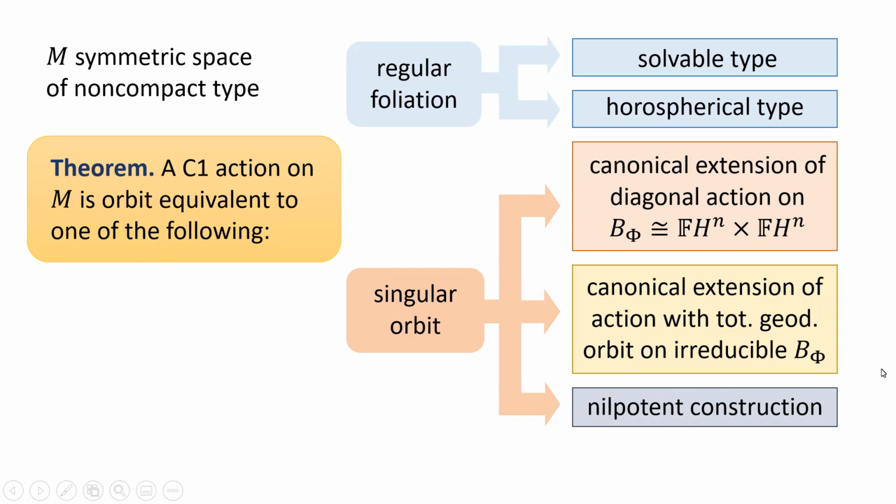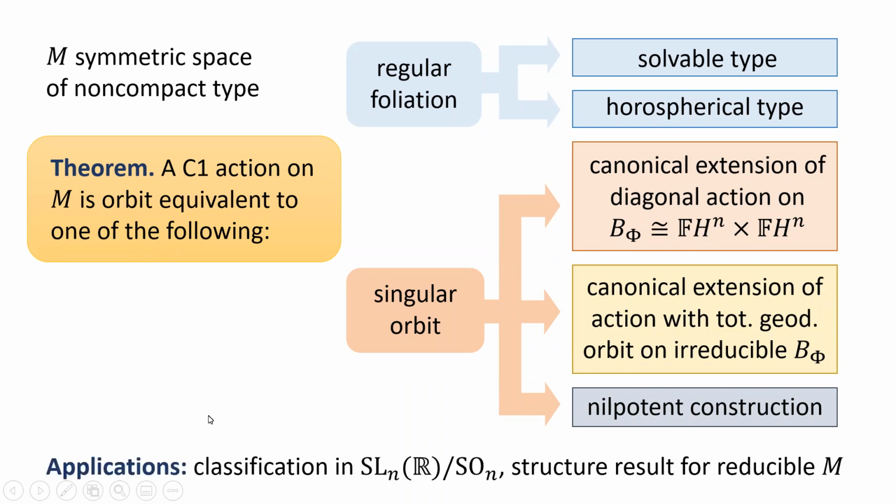And at the end of the talk, I will try to tell you how we can apply this result to get a classification in this family of symmetric spaces, the spaces SL(n,R) over SO(n). This is a family that includes all ranks, so in particular, this gives first classifications in rank higher than 2.